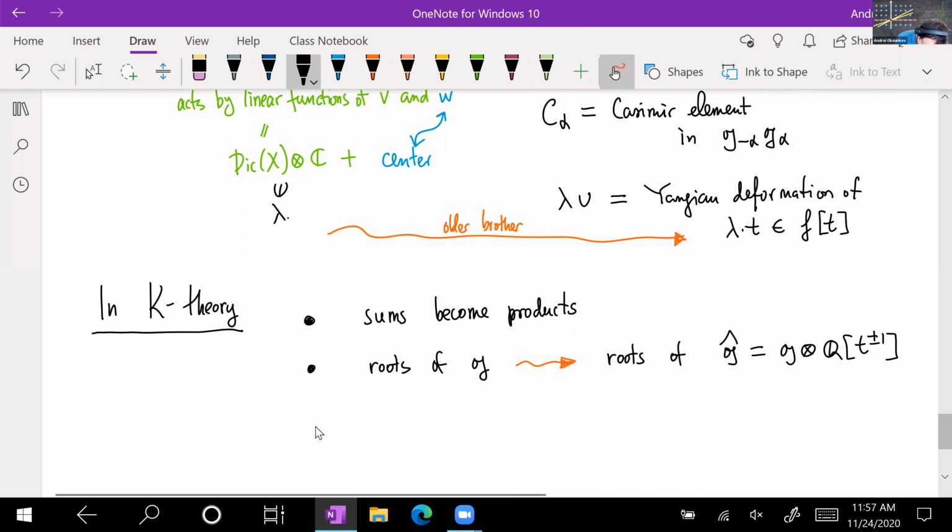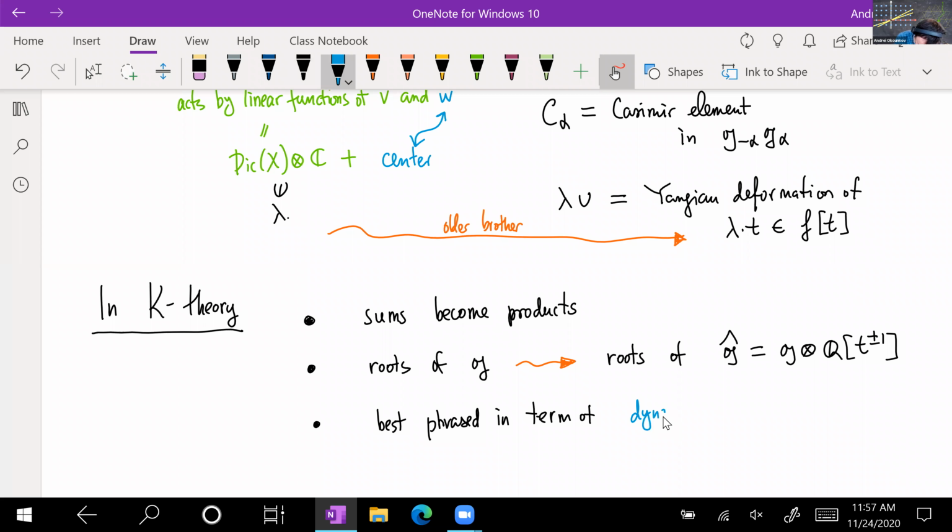And everything is best phrased in terms of some notion maybe called dynamic group.